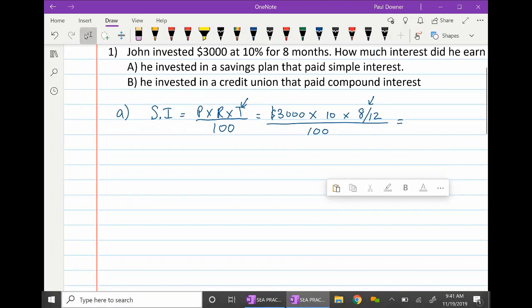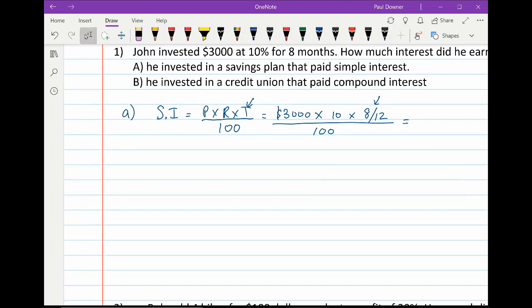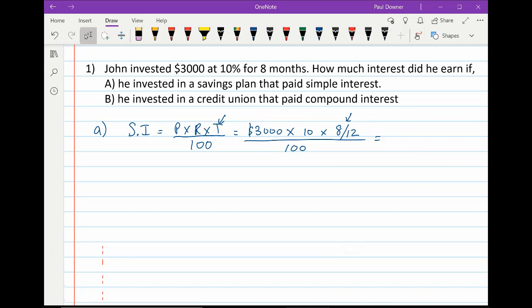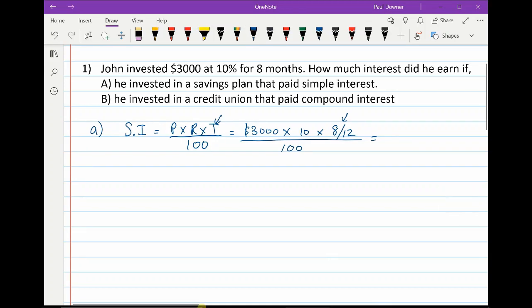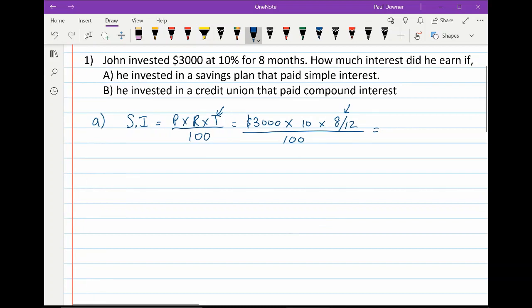You can use your fractions to calculate the 8 over 12 part, and then you take it from there. So the answer, when you calculate this thoroughly, of course, would work out to be $200. Right, so that would be number 1A.